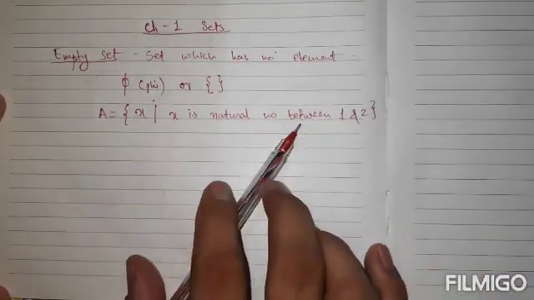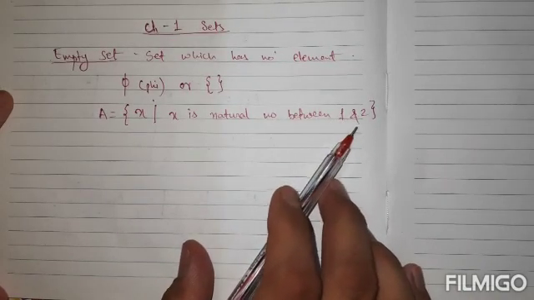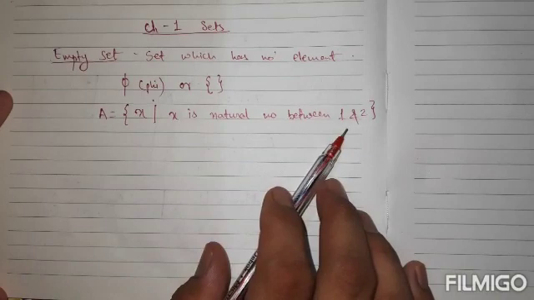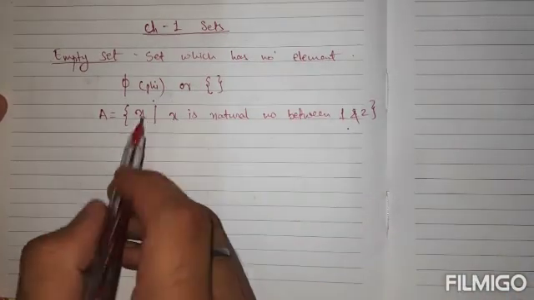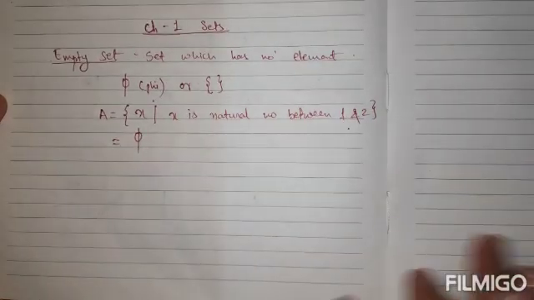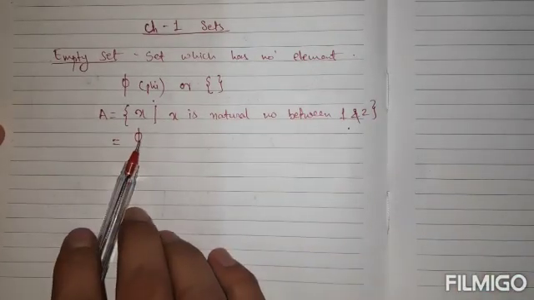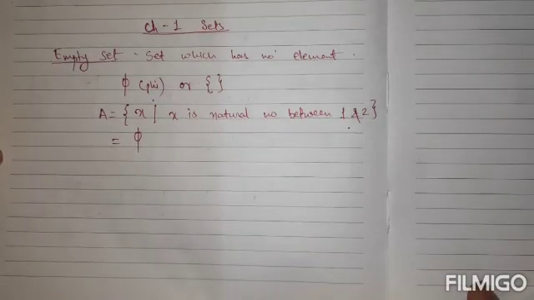See, I have written between 1 and 2, means 1 and 2 are not included. So definitely your answer will be that there is no natural number between 1 and 2. So this set is an empty set. So we will express this in this way. This is phi. And so I think you must have understood the empty set.